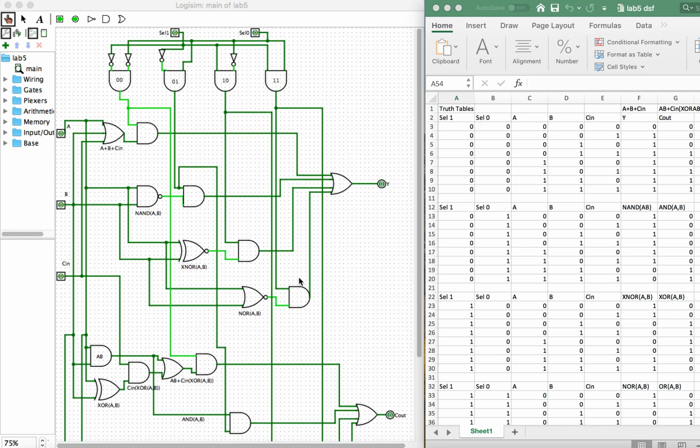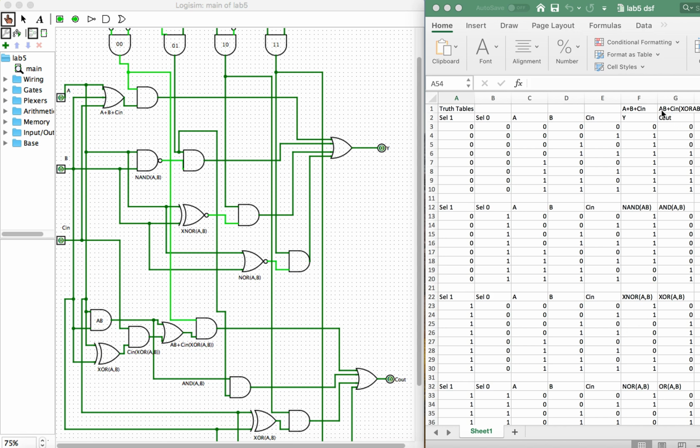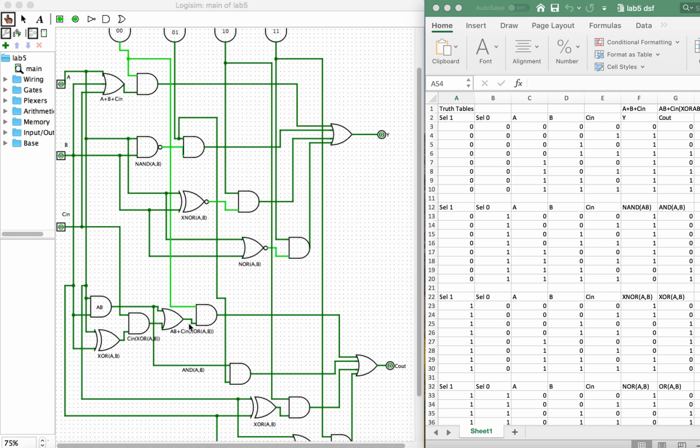And so I'll go through the example for cell 1 and cell 0 being 0, 0. Whenever that's the case, the circuit that corresponds to the equation for y would be A or B or C in, and for C out, the equation would be AB or C in and XOR AB. So we have that circuit here. And so these circuits, these equations for y and C out depend on ABC, and so their input goes into the AND gate.